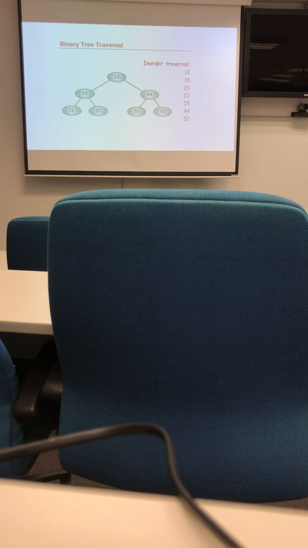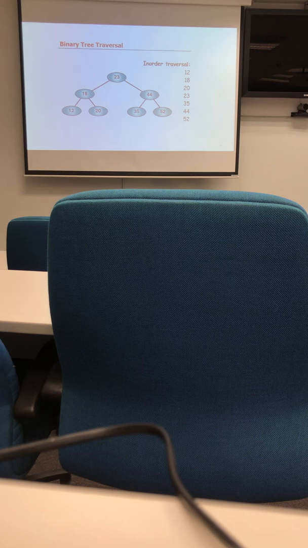How about in-order? The words pre, in, and post all refer to the order of the parent. So in means the parent is in between. For in-order traversal, the parent is in between.